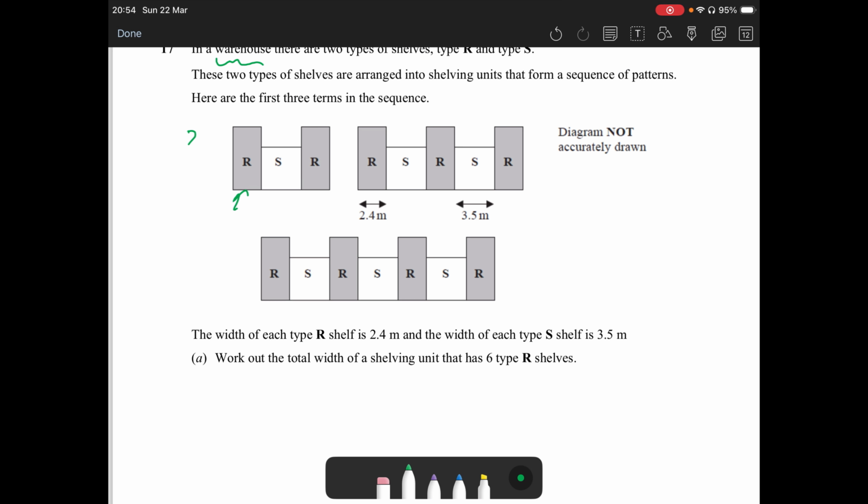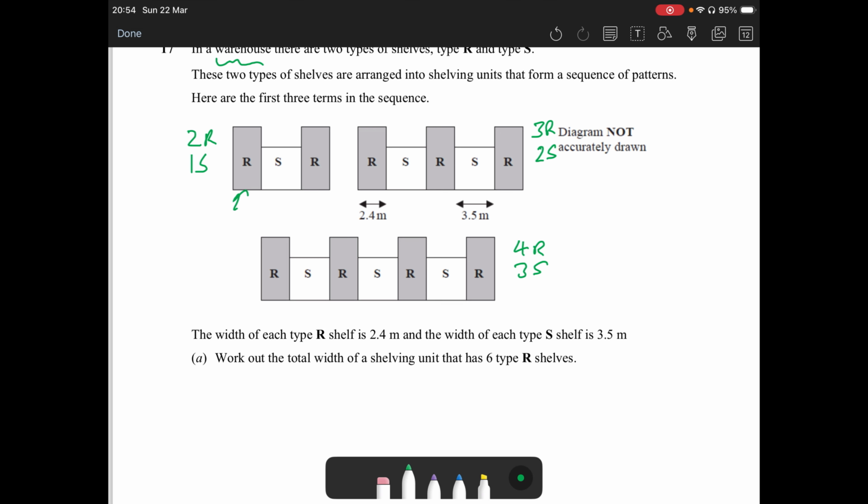So we notice here, for 2 R's you've got 1 S. This shelf here, for 3 R's you've got 2 S's. And for this one at the bottom, you've got 4 R's and 3 S's. There's always one less S than there are R's, depending on how big or small you build your shelves.